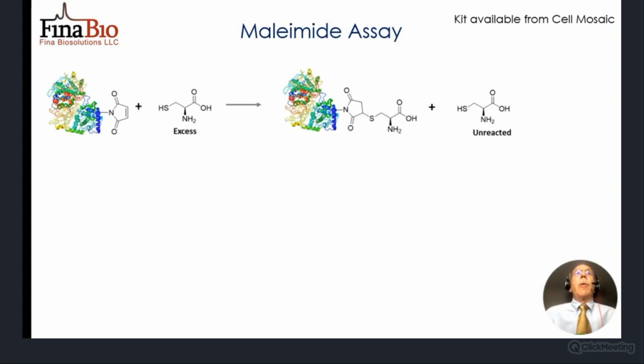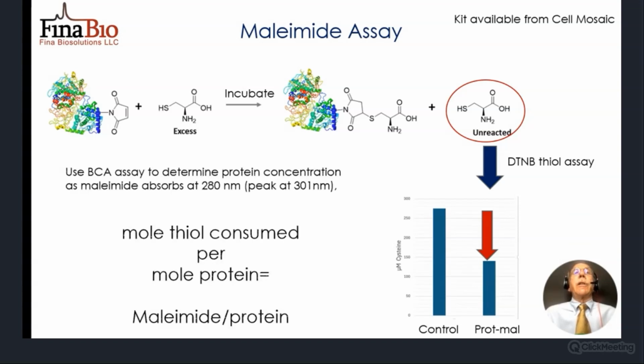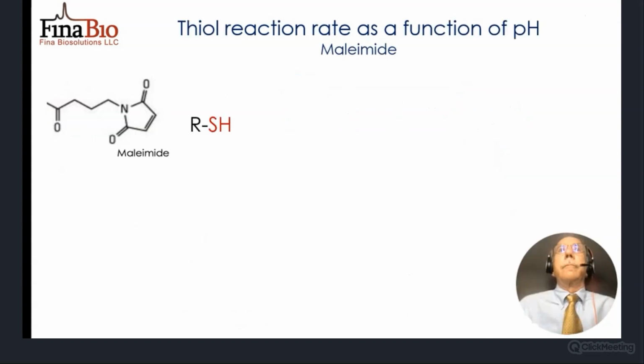We like to determine how many maleimides are on our protein. We do this by having an excess of cysteine, allowing the maleimide to consume some of it, and then we measure the unreacted cysteine using the DTNB assay, looking at the decrease or the consumed amount of cysteine, and using that to determine the maleimide to protein ratio.